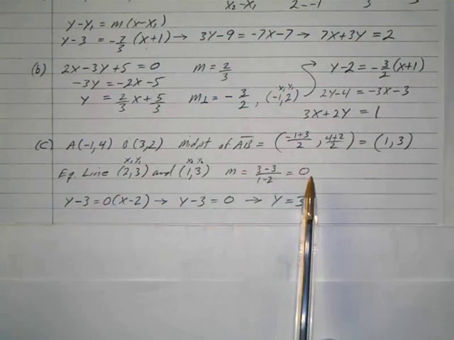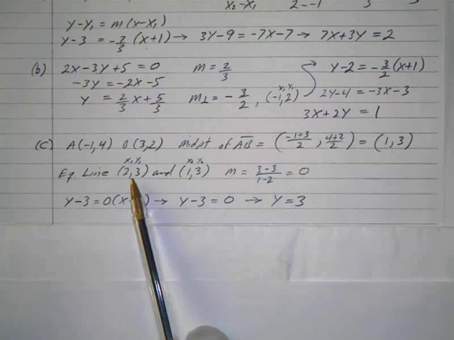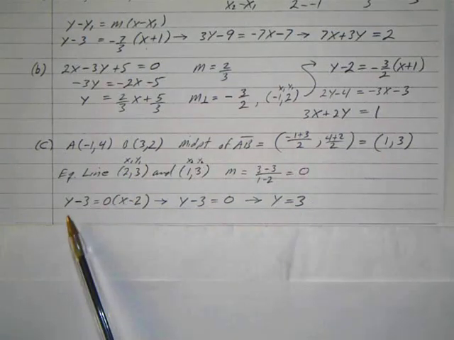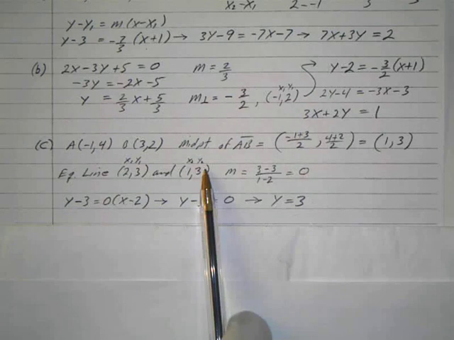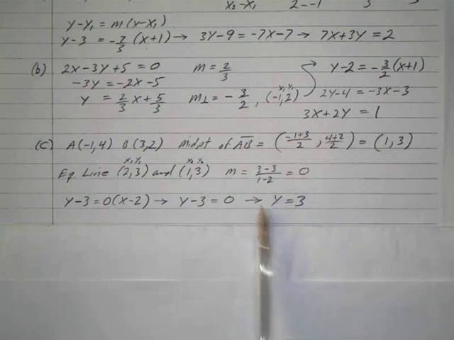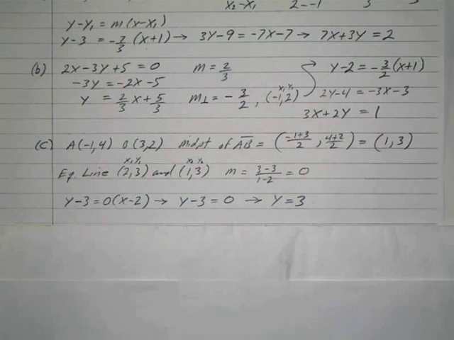We can just put this in the point-slope form anyway, but if it's a horizontal line, that means y is always 3, so there's your equation, y equals 3. But you can put it in the point-slope form, y minus y1 equals m, which is 0, times x minus x1, and you end up with y minus 3 equals 0, so y equals 3. So it'll work out either way. Intuitively, though, it's a horizontal line, so the y's are always going to be the same, so y equals 3.